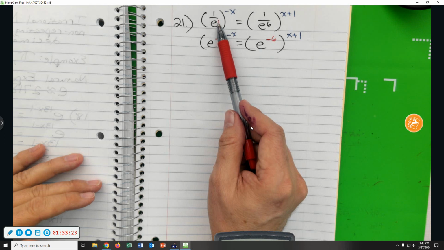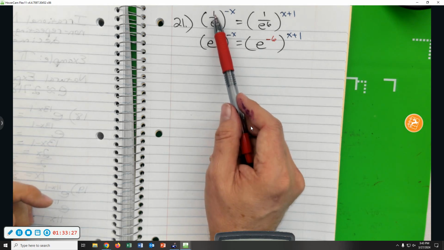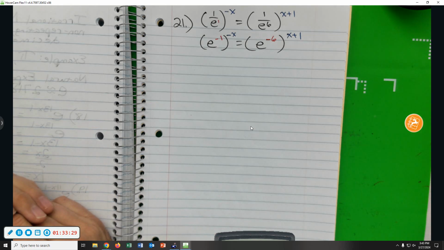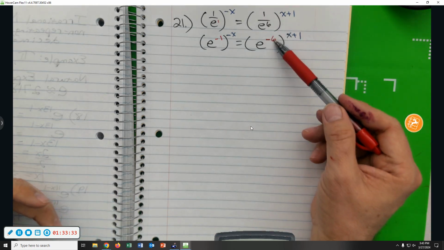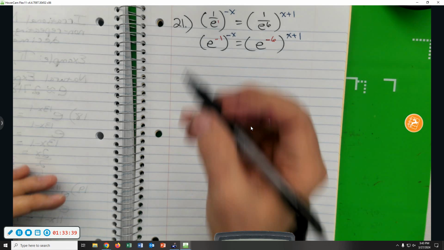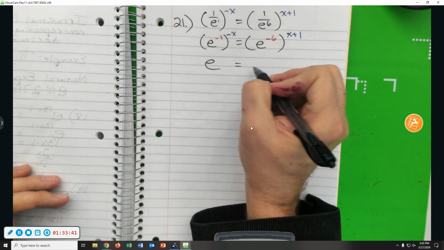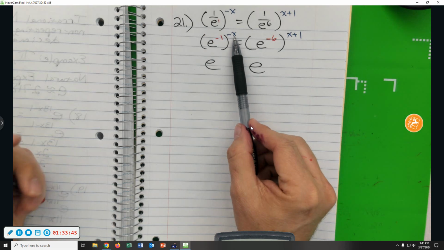We don't see an exponent on that e, so we assume it's a 1. So we drop the 1 over, the exponent becomes a negative 1. Here we drop the 1 over, the 6 becomes a negative 6. And now we have powers raised to powers, which means we're going to have to do what? Negative 1 times negative x.